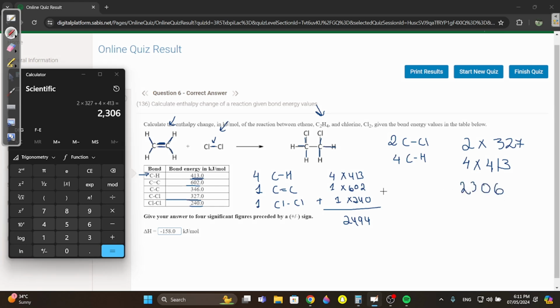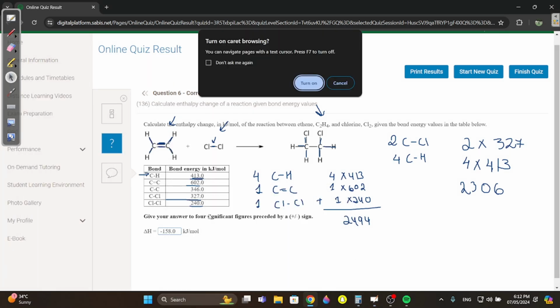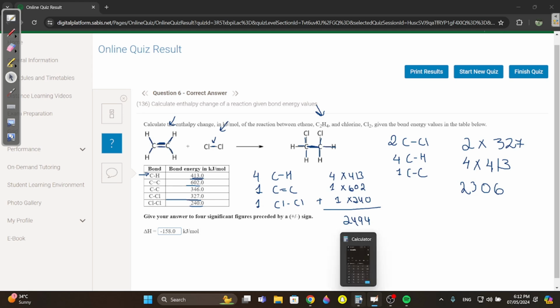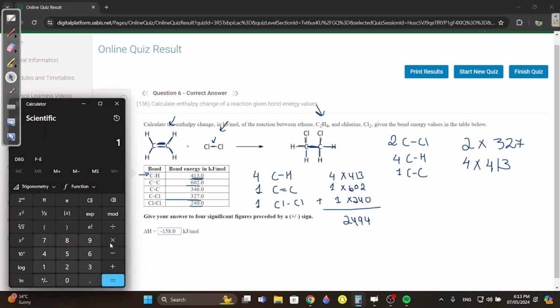2306, and there's obviously something I did wrong. Hold up. Okay, yeah. I forgot to add the CC bond. See, sometimes you can forget. Please pay attention in the exam, don't do this. So the CC bond would be 1 times CC 346.